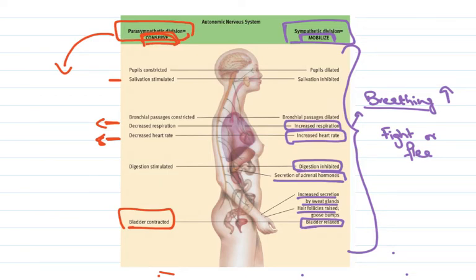And usually the parasympathetic division kicks in after a threatening situation has passed. All right. So this is basically some bit about the peripheral nervous system.